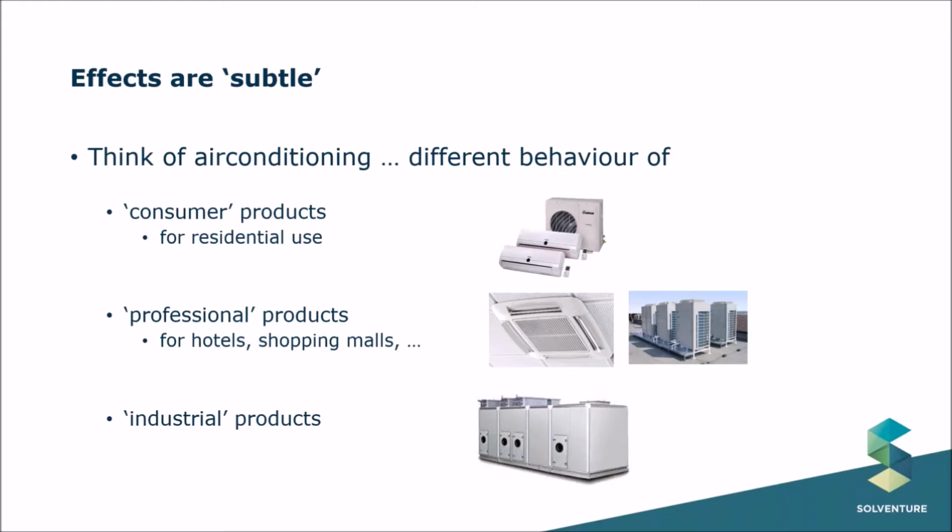Why? Because summers are not always extremely hot. So you will see that the biggest weather impact will certainly come from the consumer products in those countries which have, on average, summers where you can survive without air conditioning.